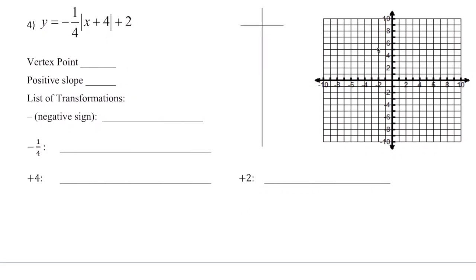Okay, so the next one here is question number 4, and we are given an equation, and we would like to draw the graph and interpret the key attributes. Now if you know how to write an equation, this is going to be easy.